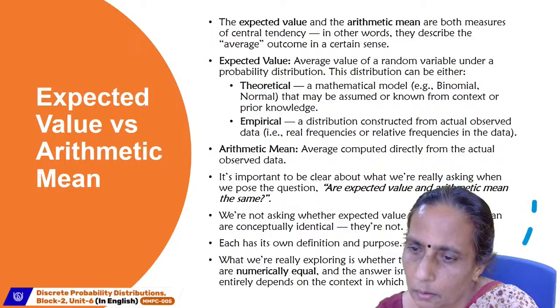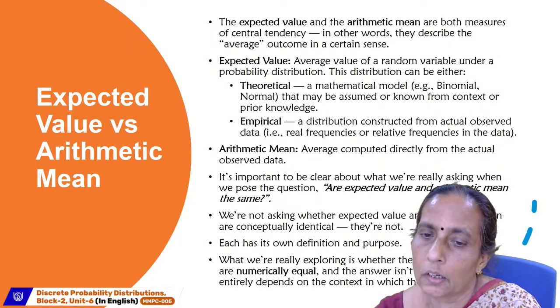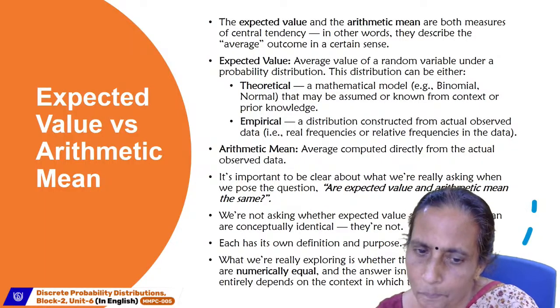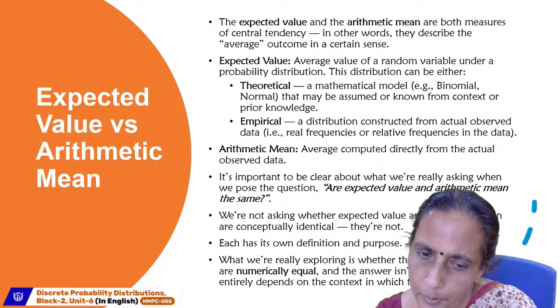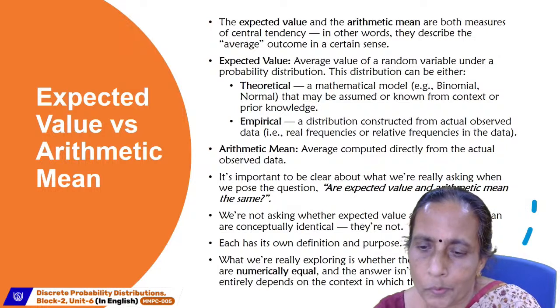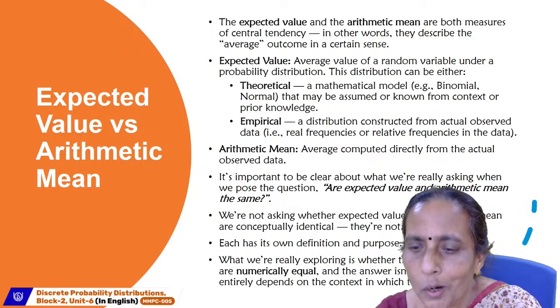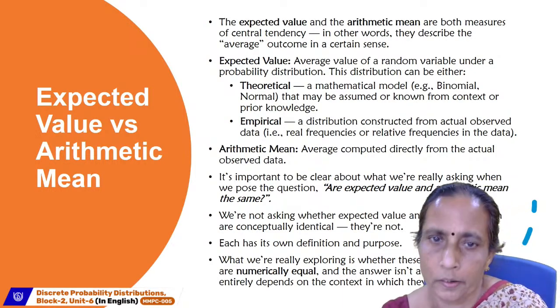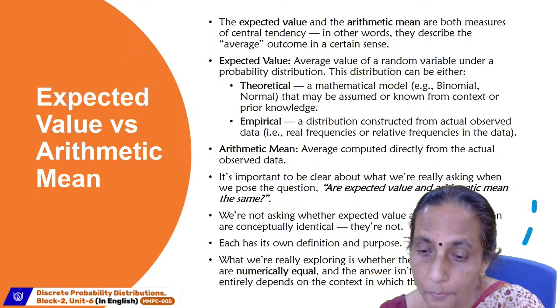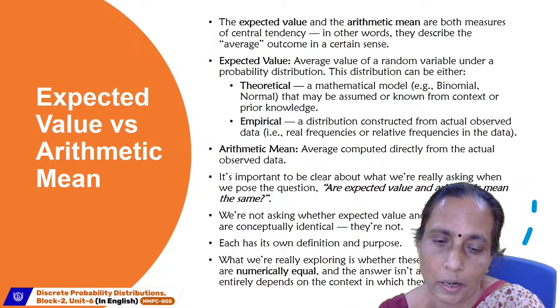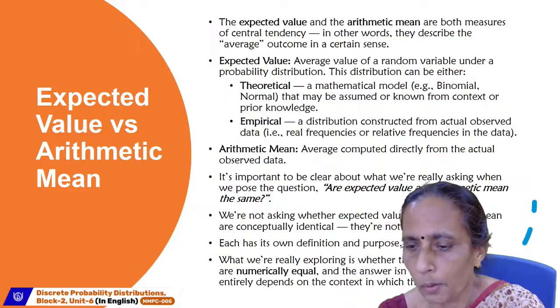So it is important to be clear about what we are really asking when we pose the question: are expected value and arithmetic mean the same? Conceptually, they are not identical. Each has its own definition and purpose, but we are really exploring whether the two quantities, when computing the arithmetic mean and expectation of a random variable, may be numerically equal or may not be.